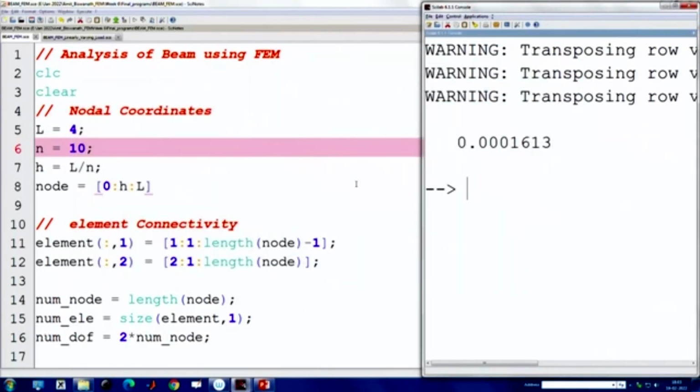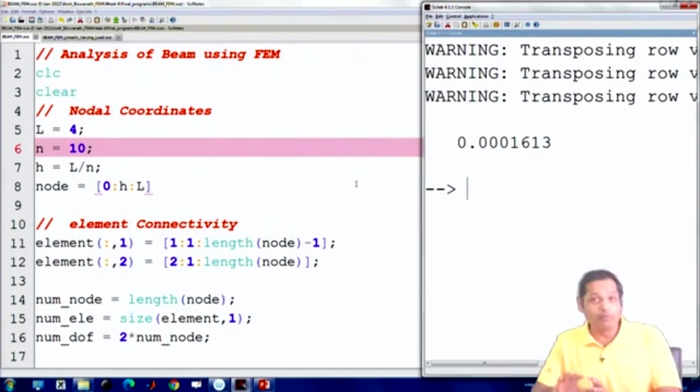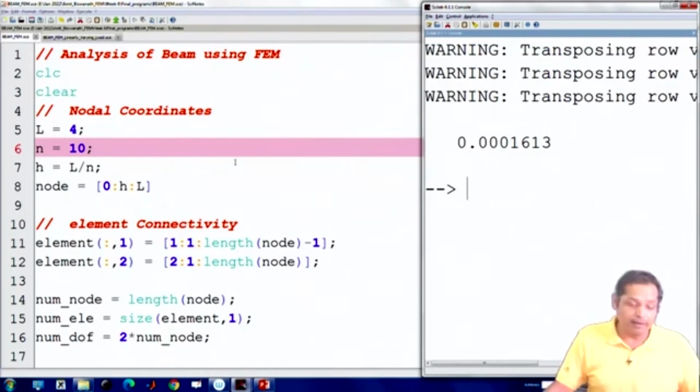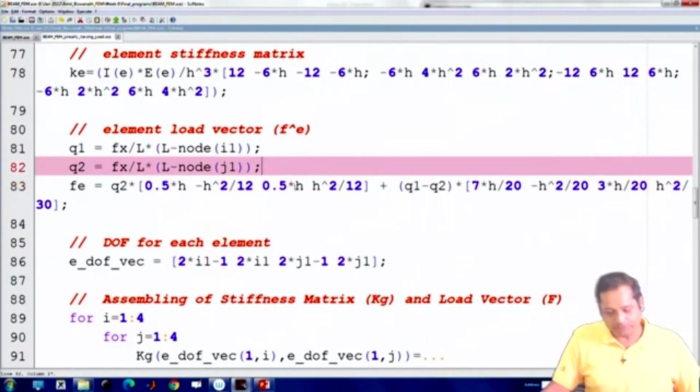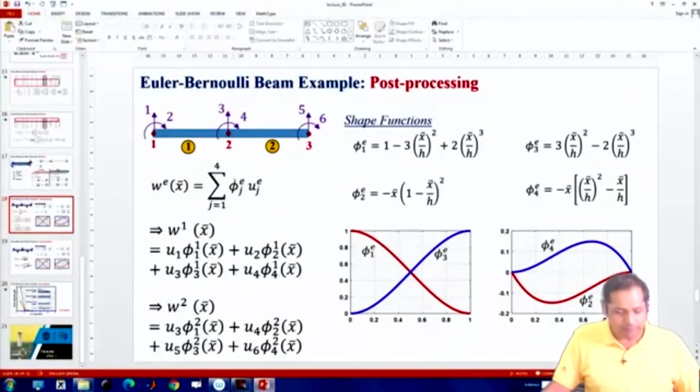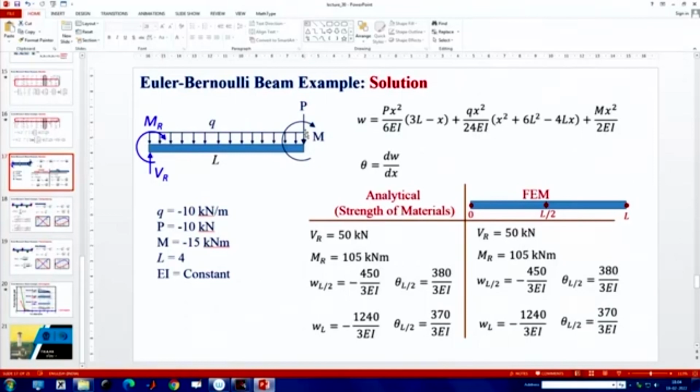Now, before we see how to plot this error, let's take one more example. In this example, we do not have P, we do not have M. Instead of a uniformly distributed load, let us apply a linearly varying load.